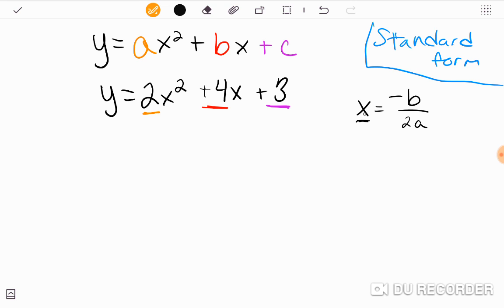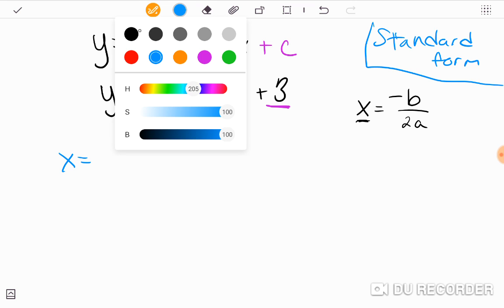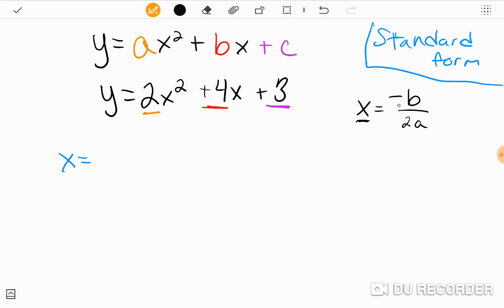So in order to find the x value of our vertex, let's make this a different color. x equals, my equation says negative b. So before I put what the b value is, I want to put that negative sign, because that negative sign is part of the equation.